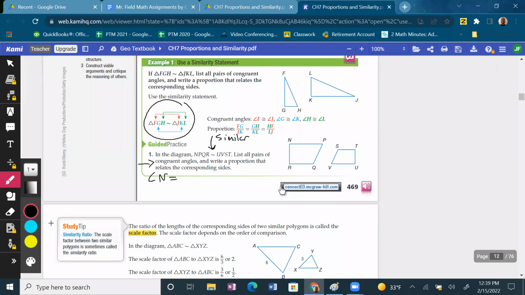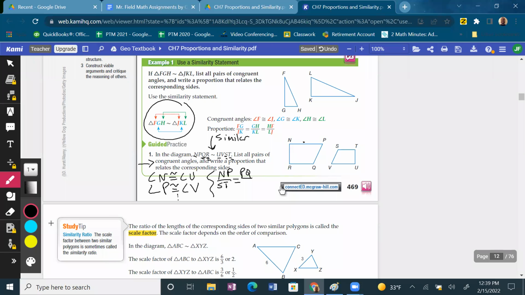Angle N is congruent to angle U. Angle P is congruent to angle B. And I'm just going to dot, dot, dot, because I think you can say Q and S and R and T. The proportional statement is this: NP right here divided by ST. If we divide those two sides, it will be equal to PQ divided by TU.